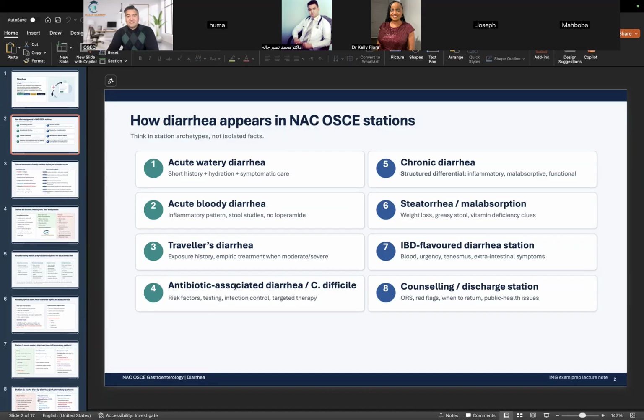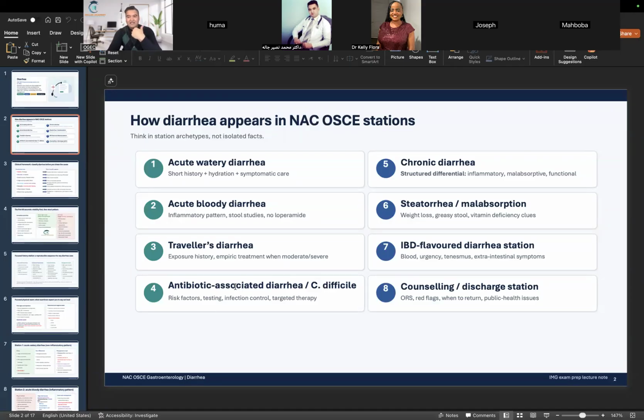Or the patient was receiving chemotherapy and radiation and is now having diarrhea. It could be Clostridium difficile. So we have to find the risk factors, test for Clostridium difficile, apply infection control, and give targeted therapy. Chronic could be inflammatory, malabsorption, or functional.